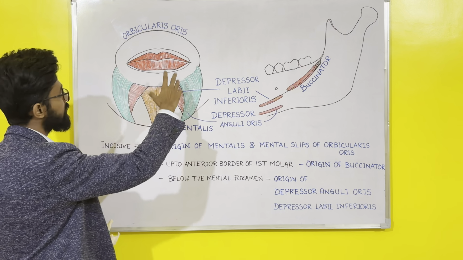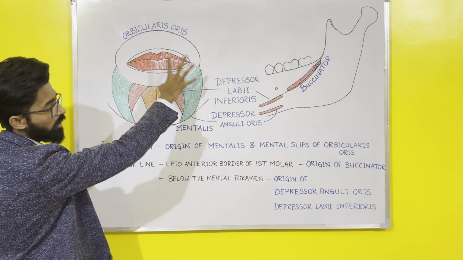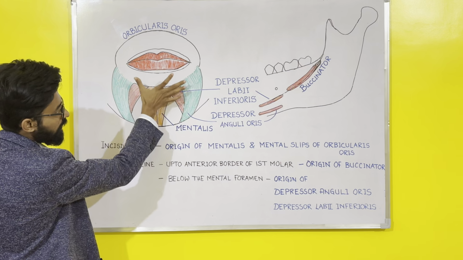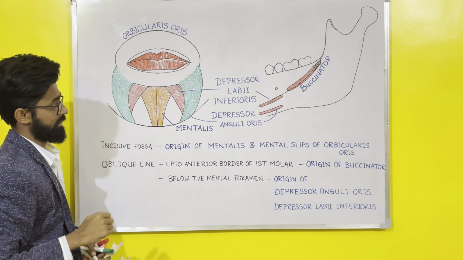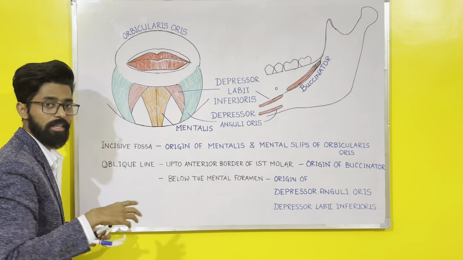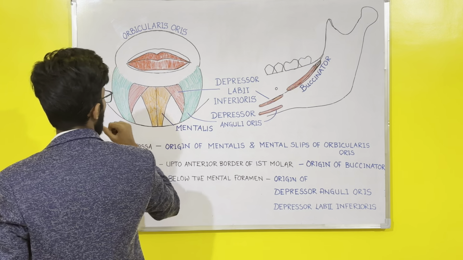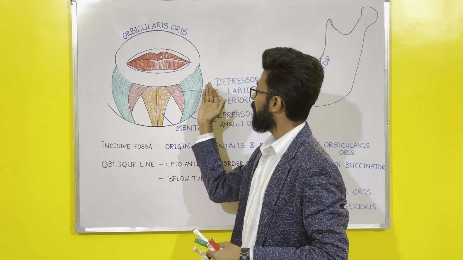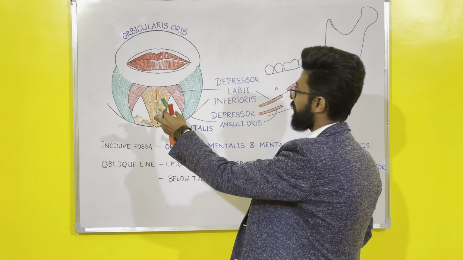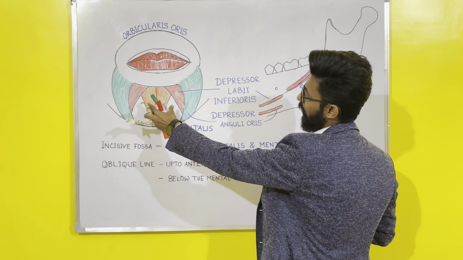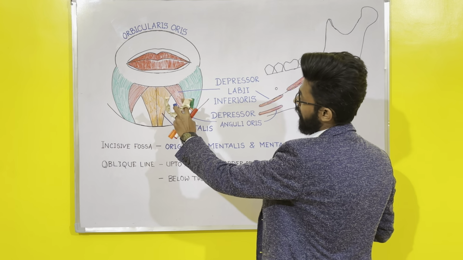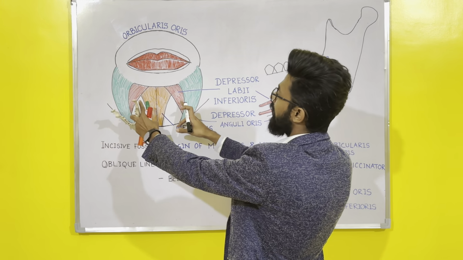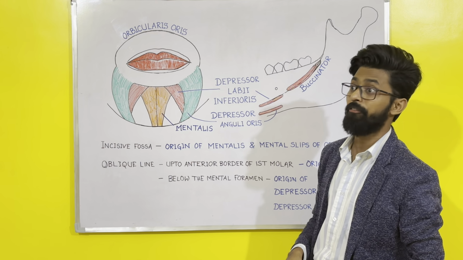And for your understanding, this is the positioning. This is the orbicularis oris surrounding the oral opening. These two green ones are the depressor anguli oris. This red one is beneath the depressor anguli oris; it is the depressor labii inferioris.